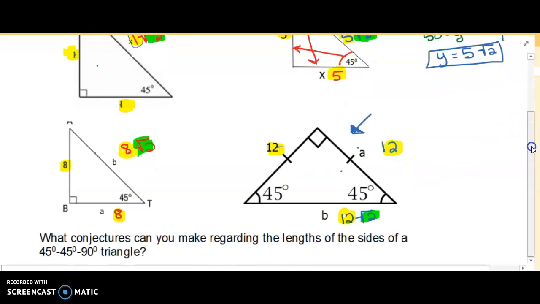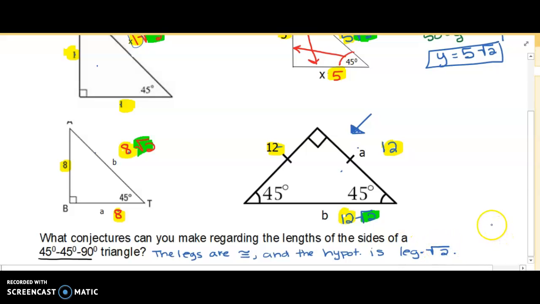Okay, so if I wanted to make a conjecture, I could say on every 45, 45, 90 triangle, the legs are the same, or congruent, and the hypotenuse is the leg times the square root of 2.